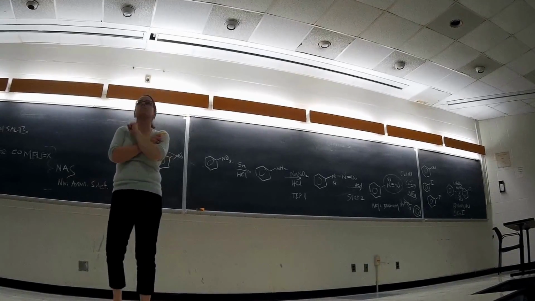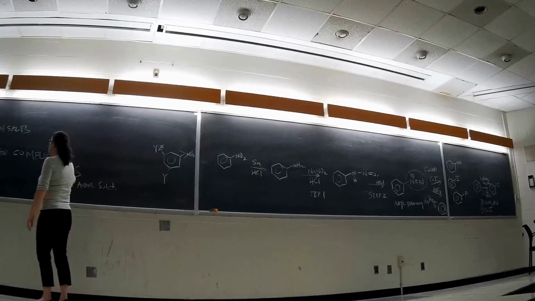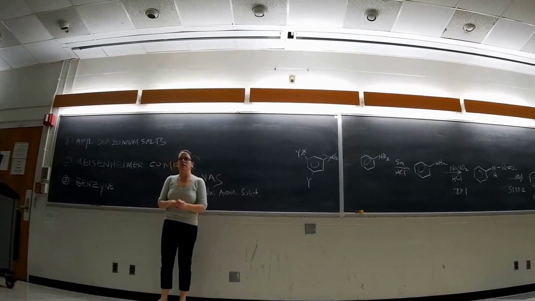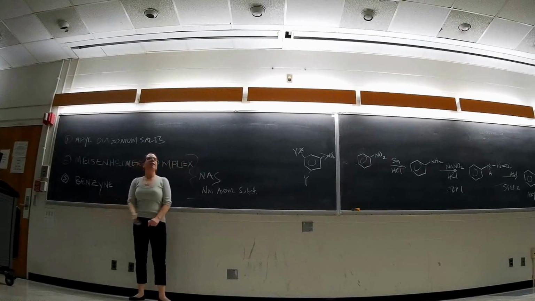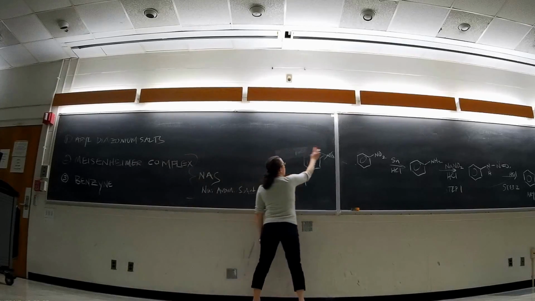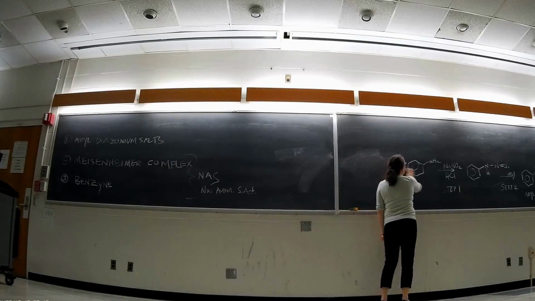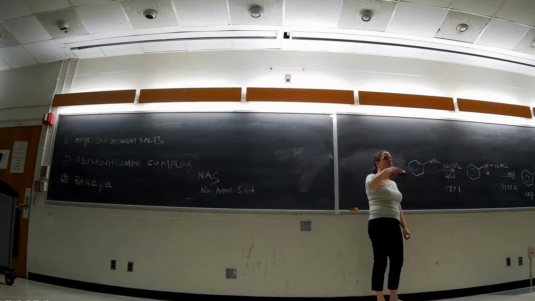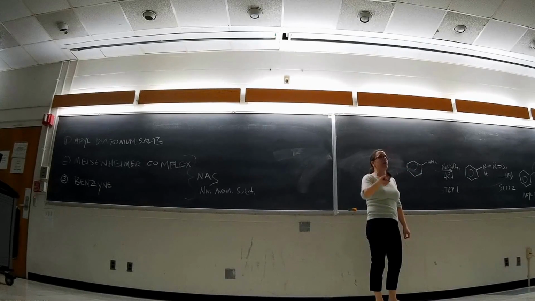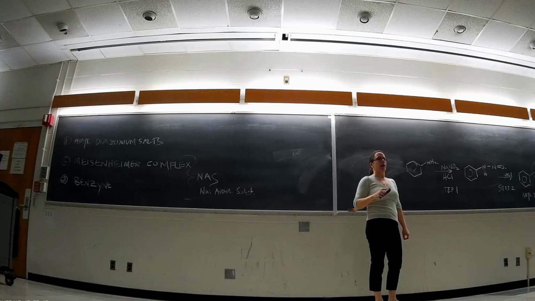So aryl diazonium salt is very useful. Now, the latter two come into nucleophilic aromatic substitution. In your homework, there was a question about which one of these rings is going to undergo electrophilic aromatic substitution fastest. It would be the opposite for nucleophilic aromatic substitution.